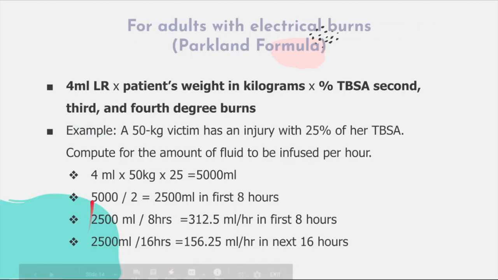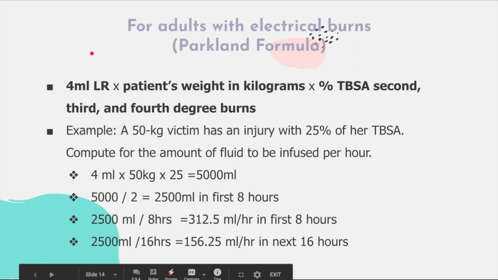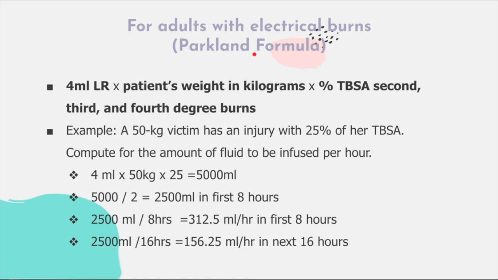Next, don't put away your materials yet, as we will go about the Parkland formula. The Parkland formula is for adults with electrical burns. The Parkland formula is similar to the modified Brooke formula, though the ml is 4 ml rather than 2 ml.